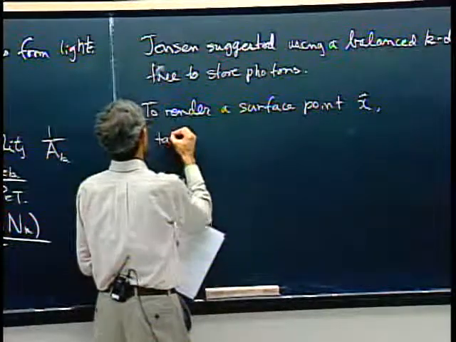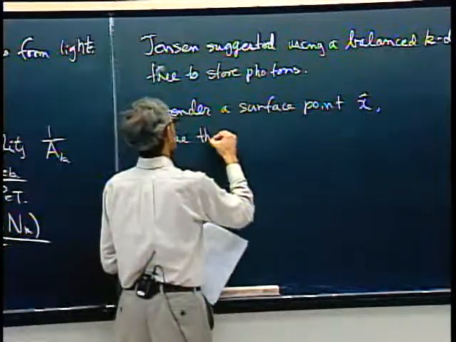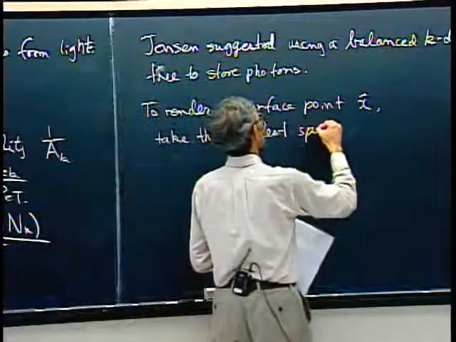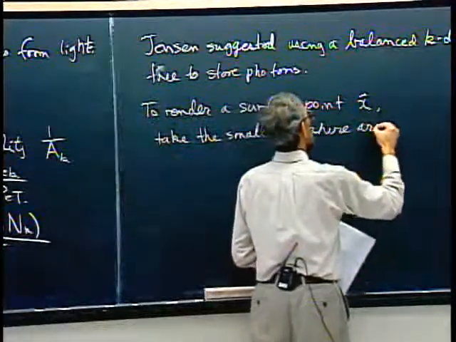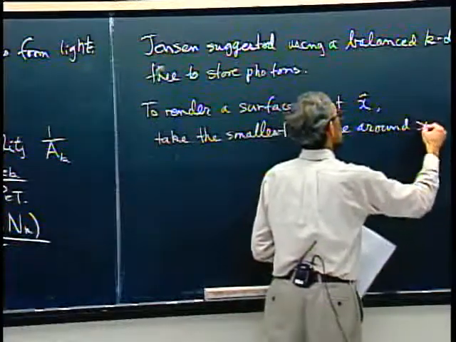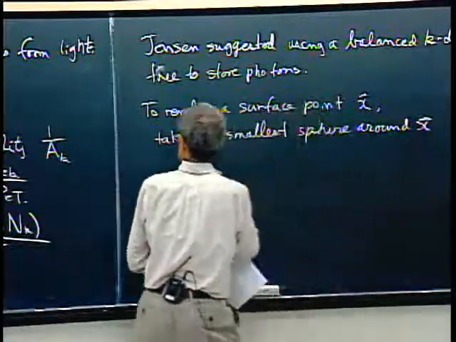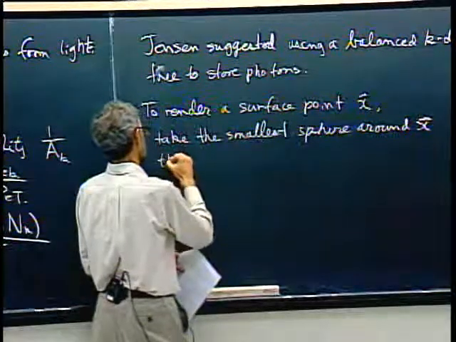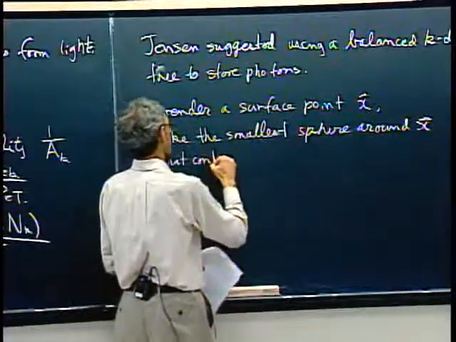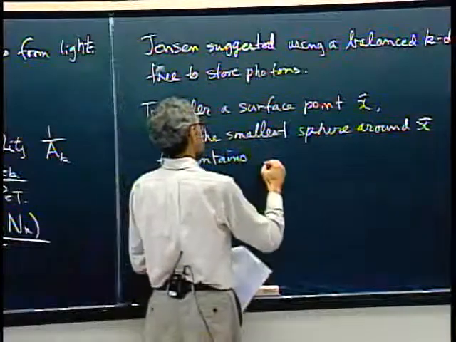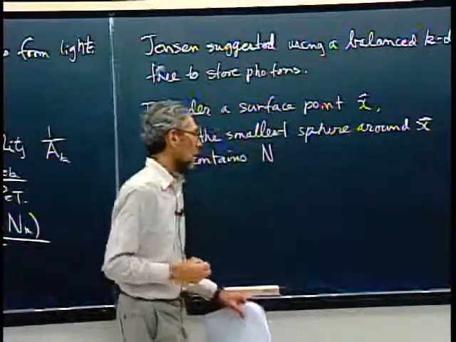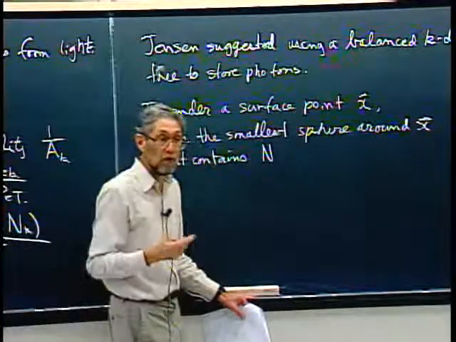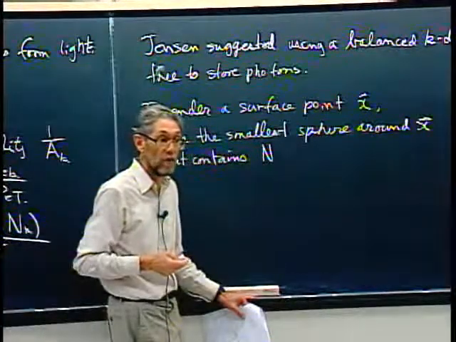Take the smallest sphere around x that contains as many points as you need to specify in advance. Say n points. N could be like 50 or 100 or some number which would give you enough statistics that you wouldn't have too much variance.